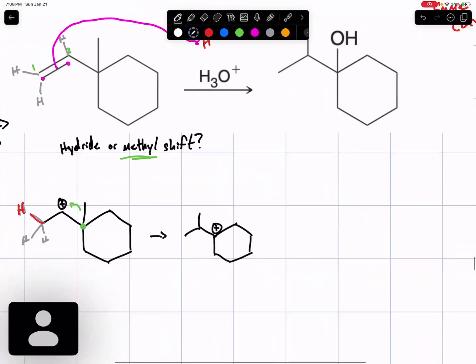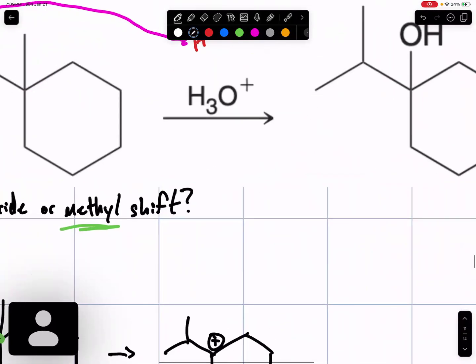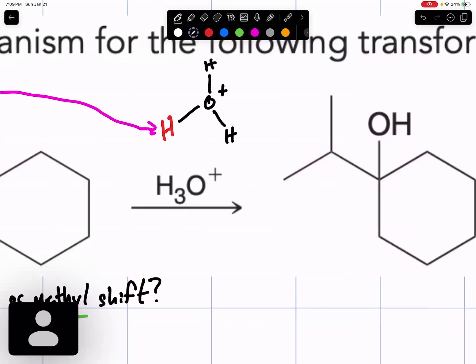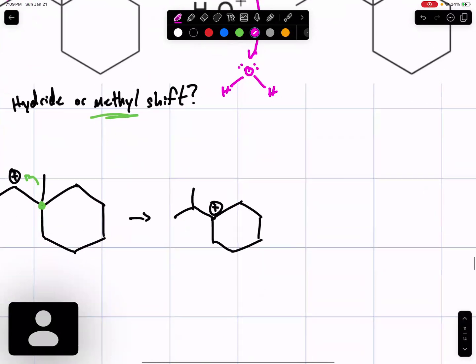Basically, right? Remember, this proton source came from hydronium, and once that happened, these electrons were donated back to that oxygen, which now formed water. Since it now formed water, couldn't we have water come in?